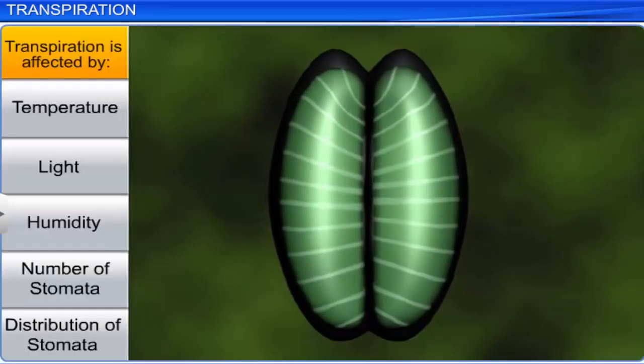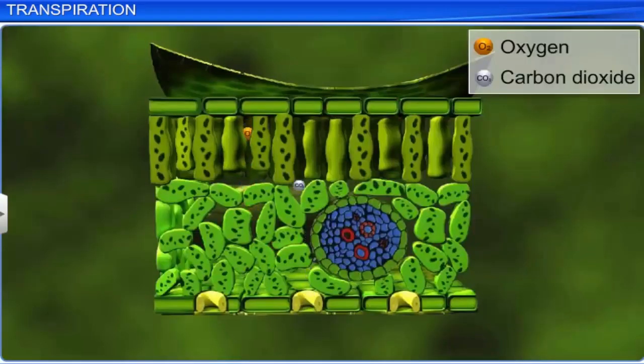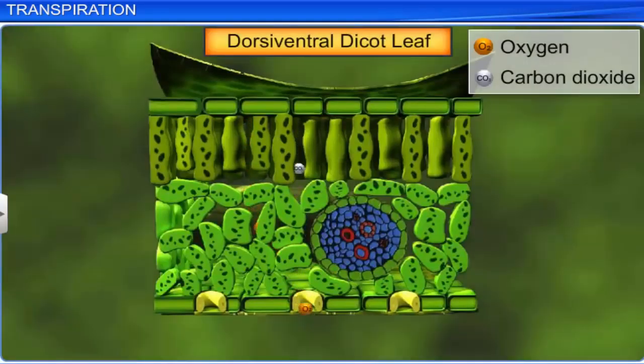Transpiration is affected by both external factors like temperature, light, humidity, etc., and plant factors like the number and distribution of stomata. Typically, the lower surface of a dorsiventral dicot leaf has a greater number of stomata.